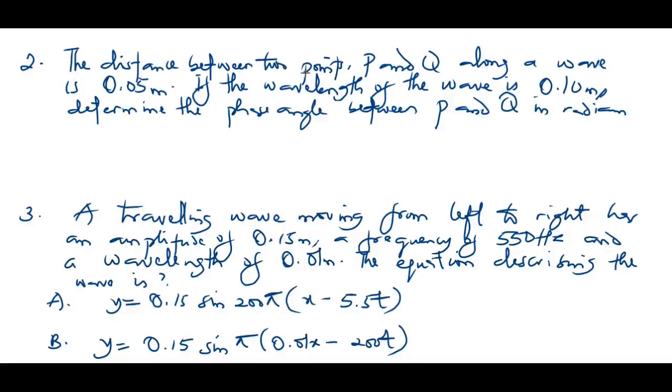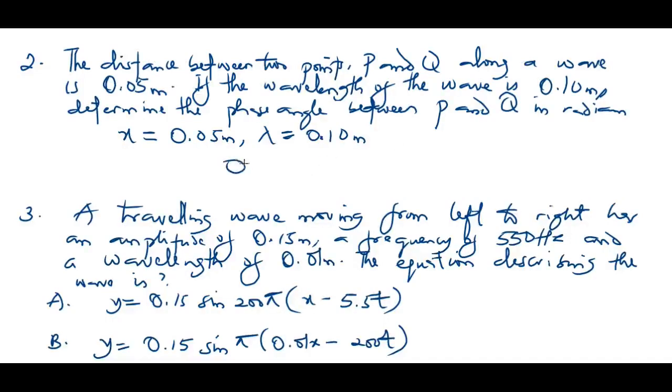The distance between 2 points P and Q along a wave is 0.05 meter. If the wavelength of the wave is 0.10 meter, determine the phase angle. Okay, they said the distance between 2 points, so that would be x is 0.05 meter. And the wavelength is 0.10 meter.